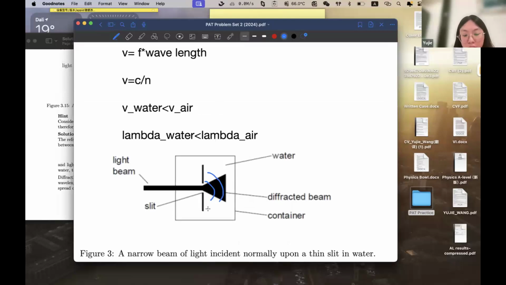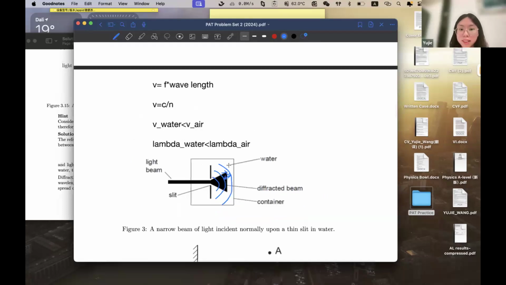Those curved lines are the wave fronts, and their separation will be the wavelength lambda of the wave. And since we have a smaller wavelength in water, we therefore have less spread out diffraction. Does that make sense?